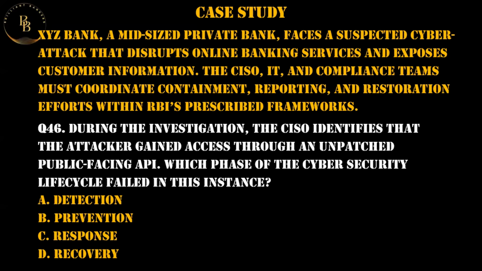Which phase of the cybersecurity lifecycle failed in this instance? Is it detection? Is it prevention? Is it response? Or option D, the recovery? Which one will be the right answer? And the right answer will be option B, prevention. The prevention phase failed. Unpatched APIs represent a lapse in vulnerability management and patch governance.